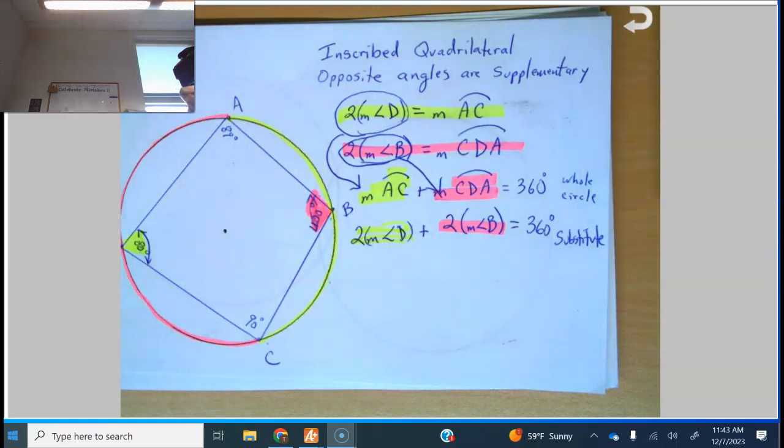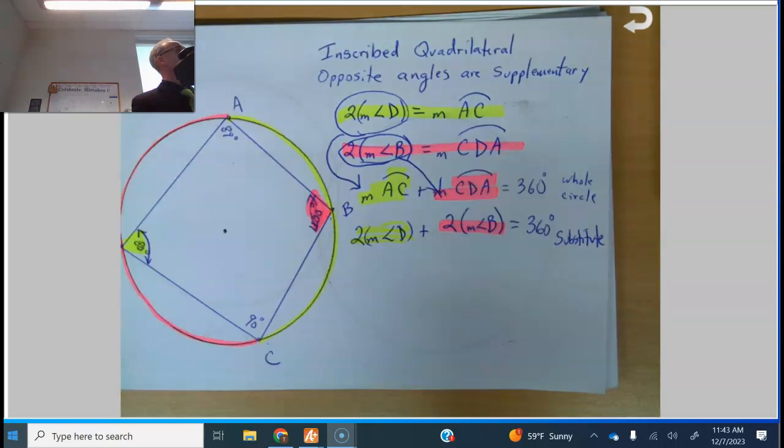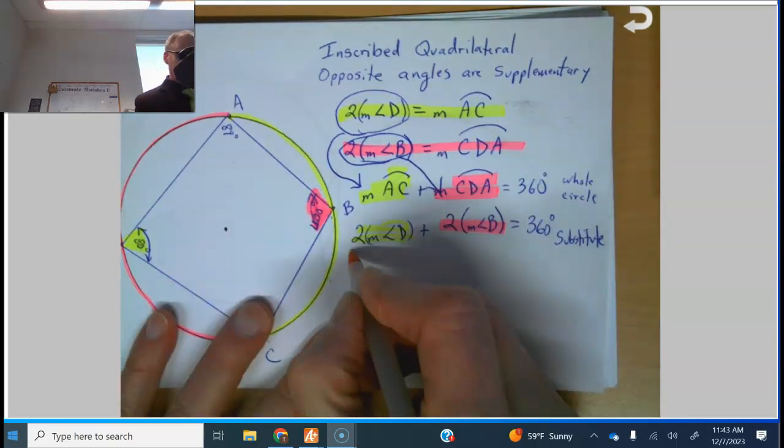Your last step is to just do some algebra. All you have to do is divide everything by 2. I'm going to put this in red. This is the division property of equality, but you could just put that you did algebra. I'm going to divide everything by 2.